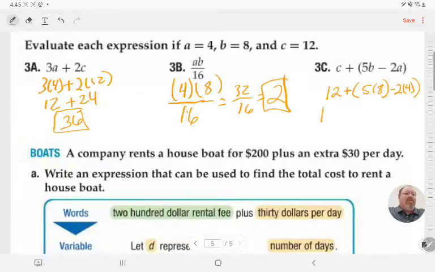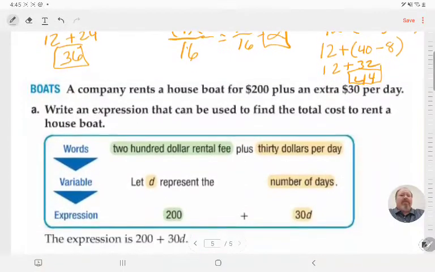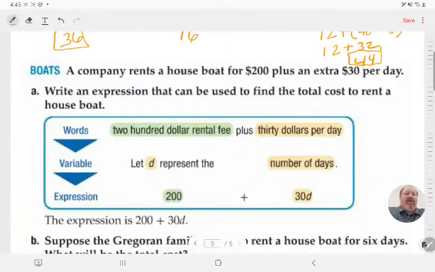So we would have 12 plus, we have to do all of our parentheses first. 5 times 8 is 40, minus 2 times 4 is 8. 12 plus, finish out the parentheses, would give me 32. And 12 plus 32 is 44. Nice job.